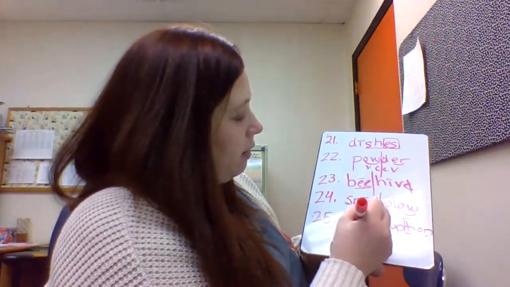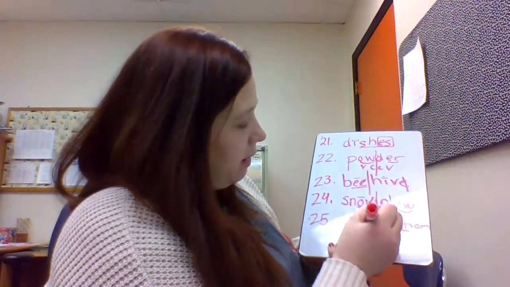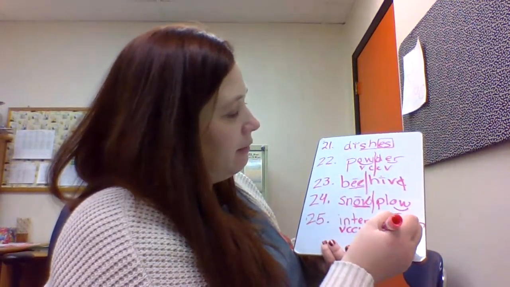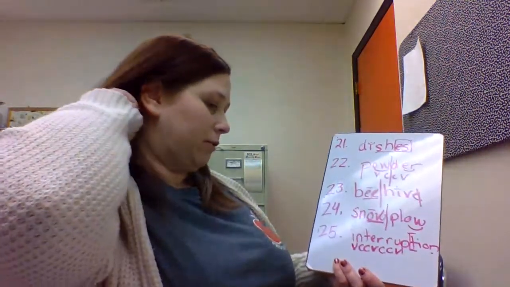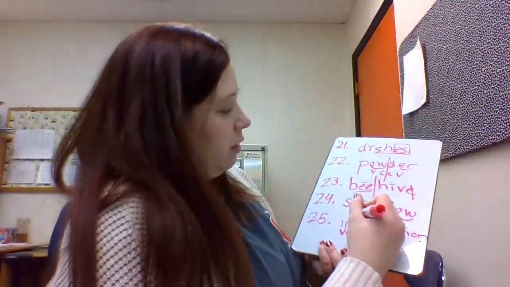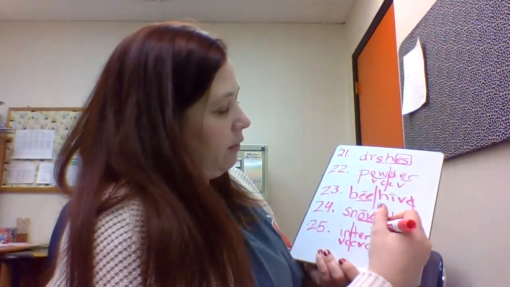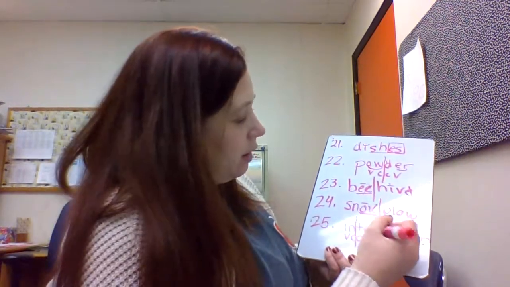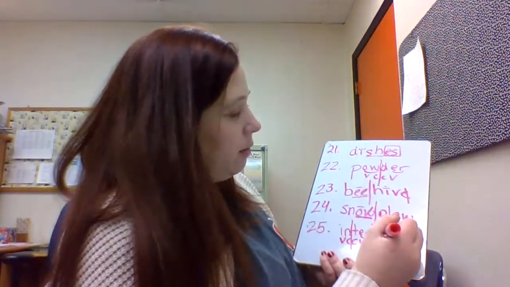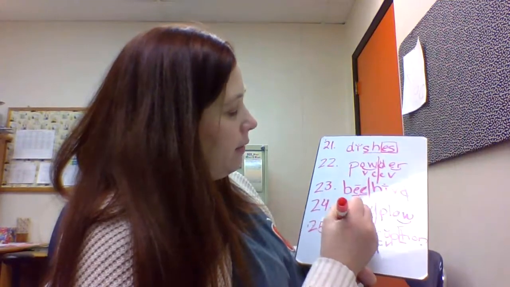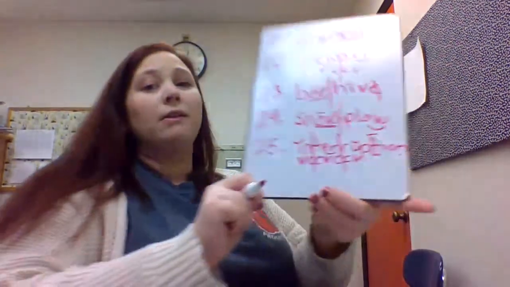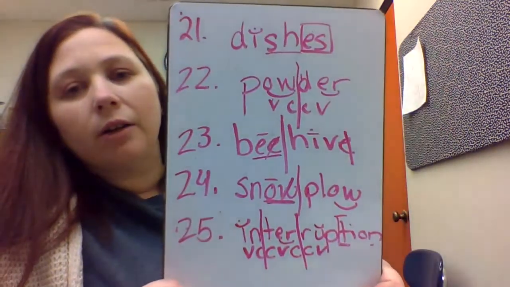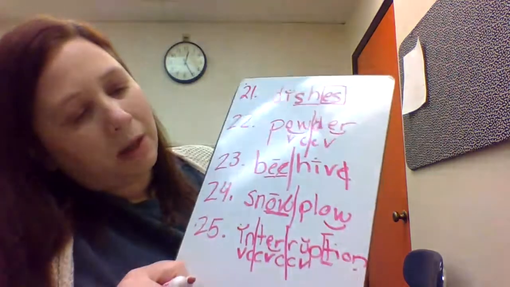Then we have vowel, consonant, consonant, vowel, consonant, consonant, vowel. We have that vowel pattern there. We're going to draw a line between each of the groups of consonants there. Here we have our ER combination we're going to underline, and then here we have vowel consonant, our U gets a breve, and vowel consonant, our I gets a breve. That's a big one. Here it is. Make sure you pause so you can take a minute to get it down.